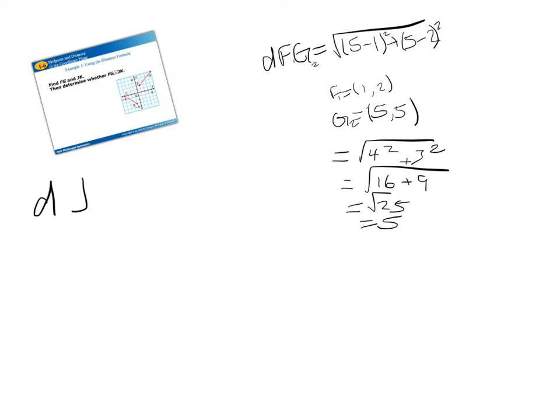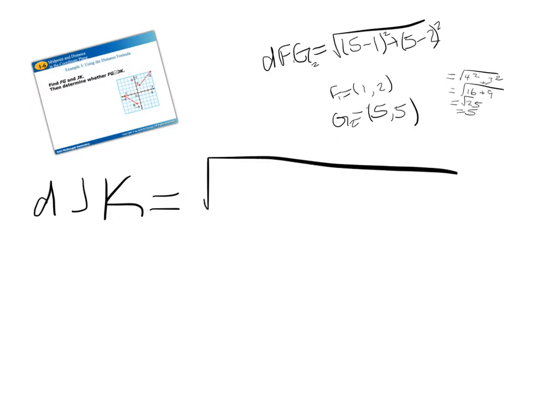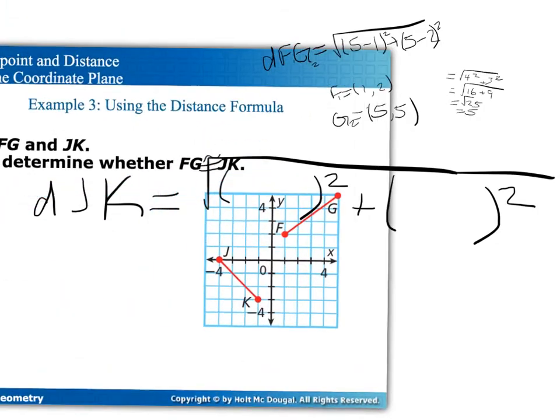So distance JK equals, again, I'm going to use my square root of x2 minus x1 squared plus y2 minus y1 squared. Now I'm going to enlarge my graph again.